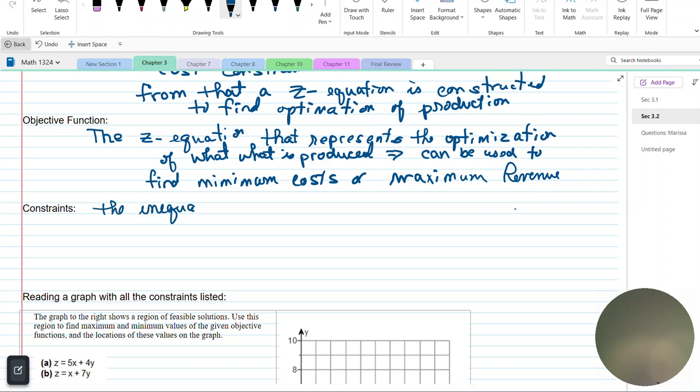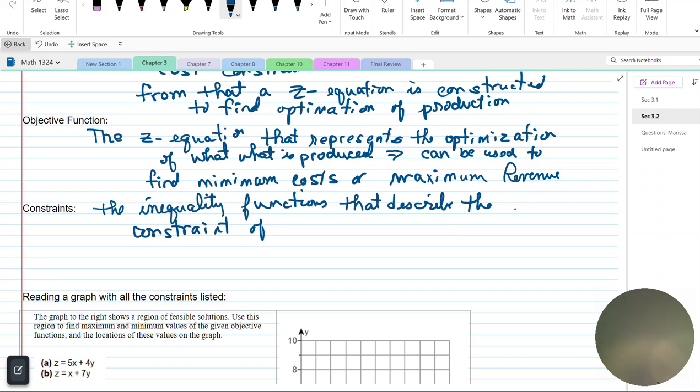The inequality functions that describe the constraints of labor, material, shipping, boxing, all of that, etc., the company.